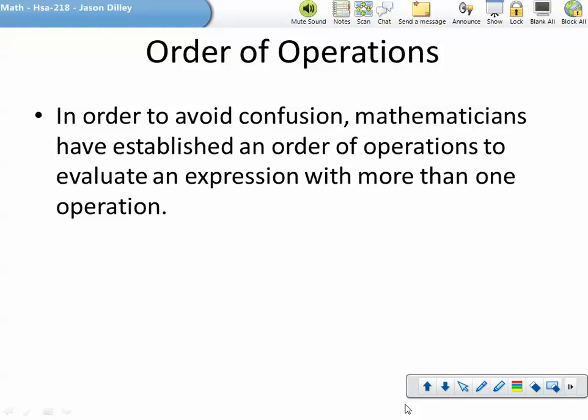Because if you have something that is, say, 3 plus 4 times 2, what am I supposed to do first? Should I, as a mathematician, add the 3 and the 4 first, or should I multiply the 4 and the 2 first?